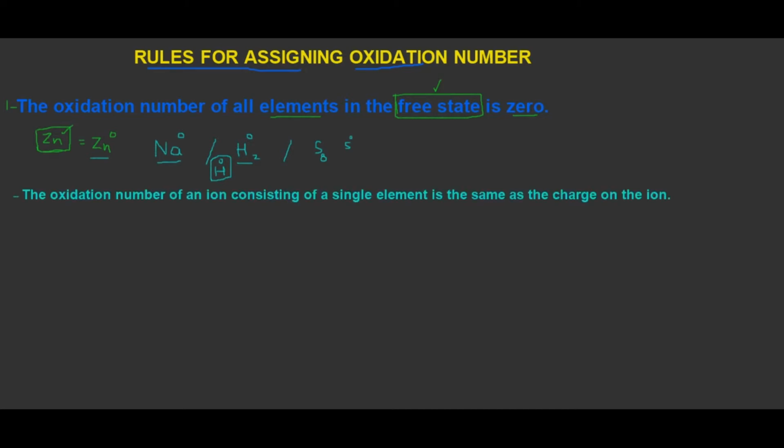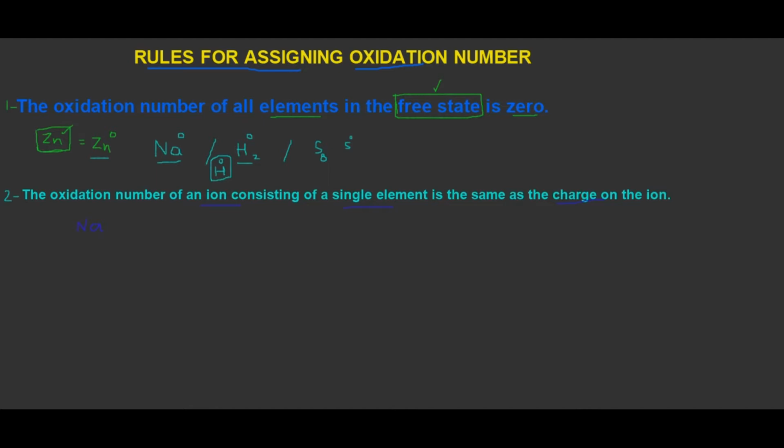Now we will study the second rule for assigning an oxidation state, which says that the oxidation number of an ion consisting of a single element is the same as the charge on the ion. Now what do you mean by this? For example, sodium is represented by the symbol Na.